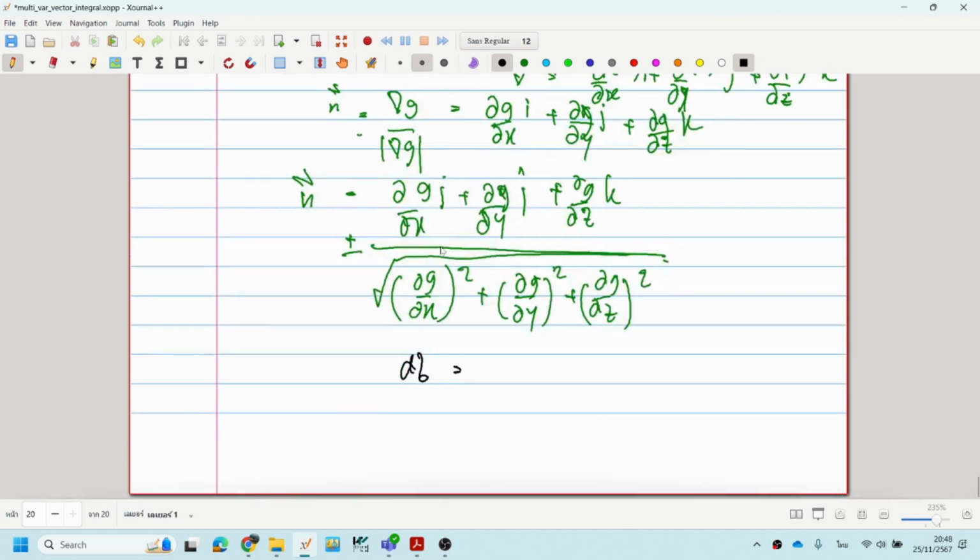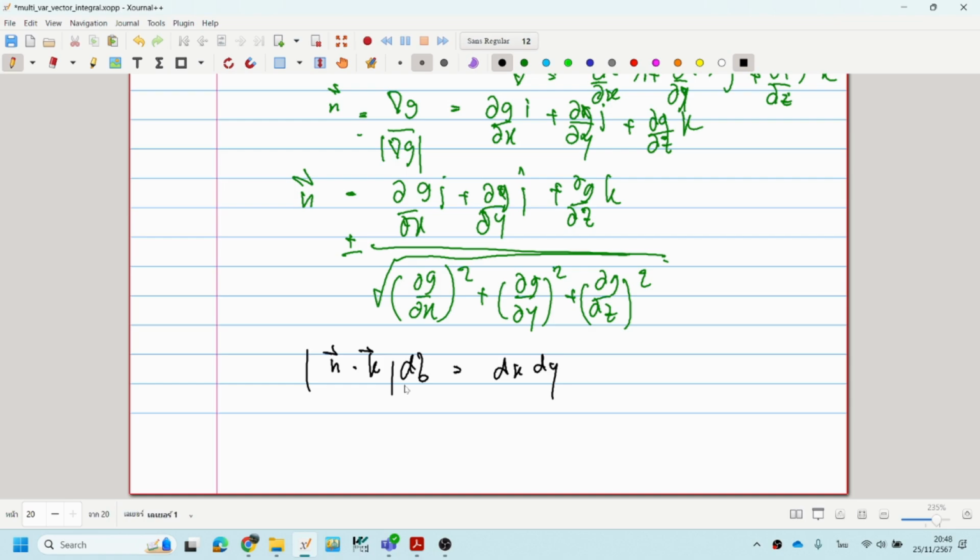Project down to the XY plane: n dot k, and you will get the scalar dx dy. This is the formula for projecting to the XY plane.